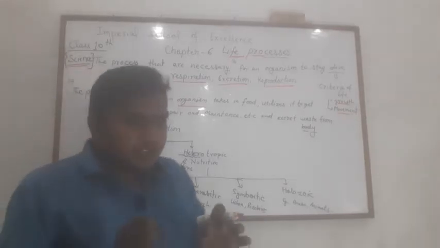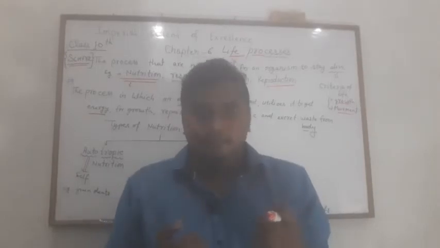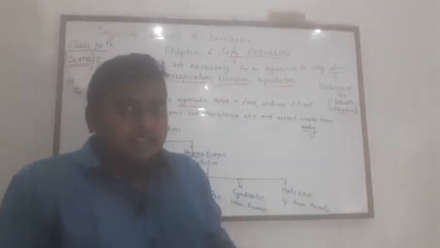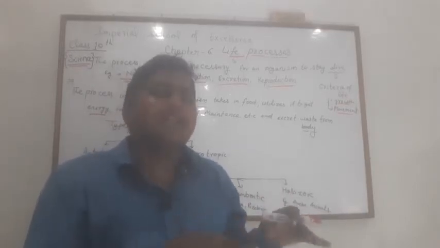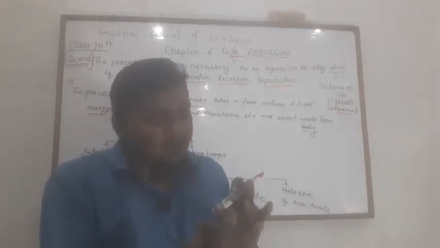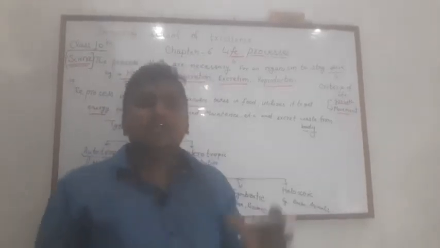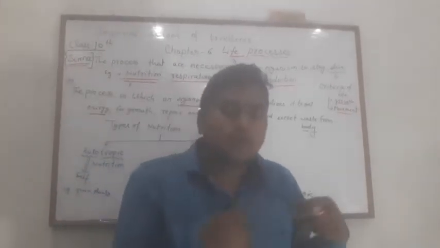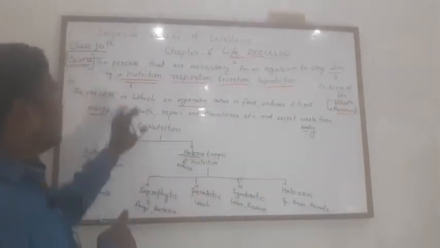Means nutrition is the process by which any organism takes in food and utilizes it for energy and other things like repair, maintenance, etc., and removes whatever waste material is inside the body. This whole process is known as nutrition.